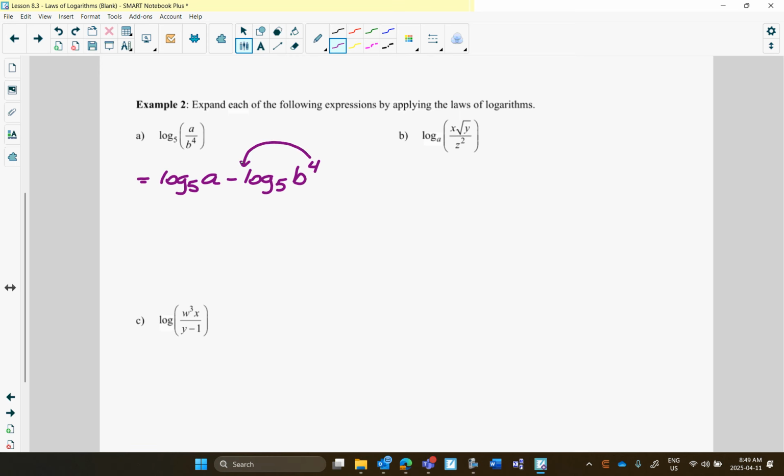Remember, to change that, we just drop it in front. So our final expanded answer is log base 5 of A minus 4 times log base 5 of B. We're just going in reverse order to the previous questions we did.